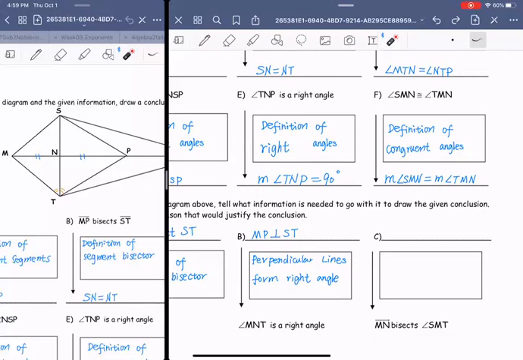That means the measure of angle SMN is equal to the measure of angle TMN. So definition of congruent angles. Oh wait, no, definition of angle bisector. Good, you got this one.